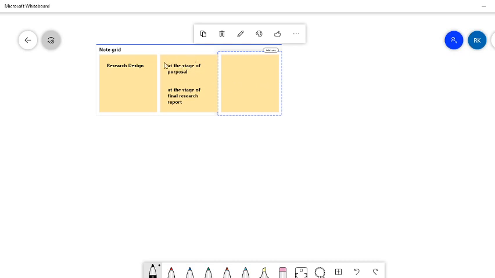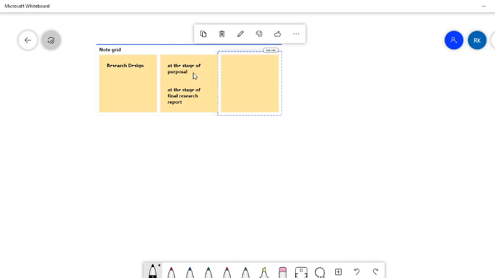So this is the first stage, when you are writing a research proposal. At the time of proposal, you need to write how you are going to conduct that research. All these tools, techniques, and ways are the research design.